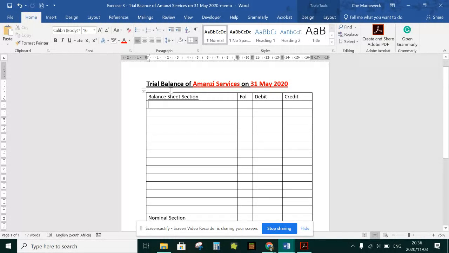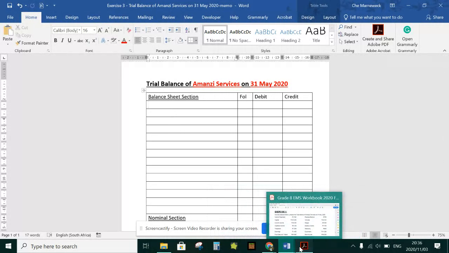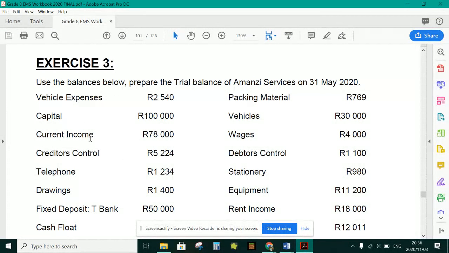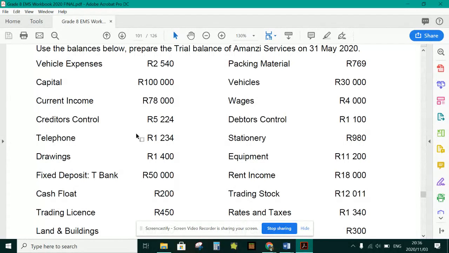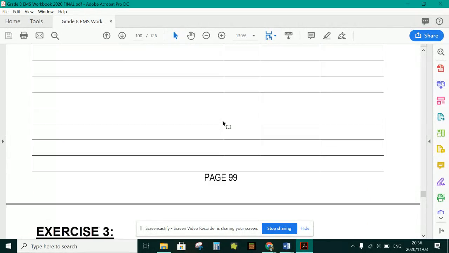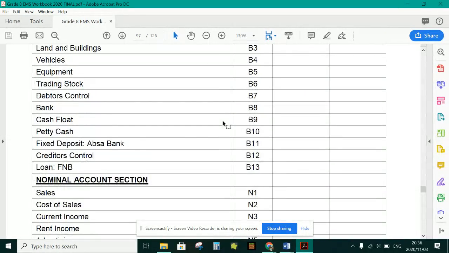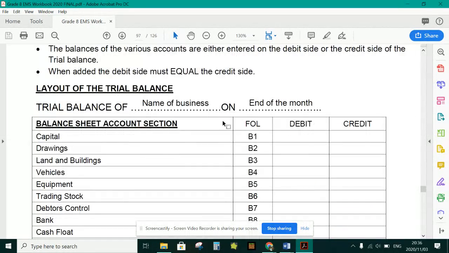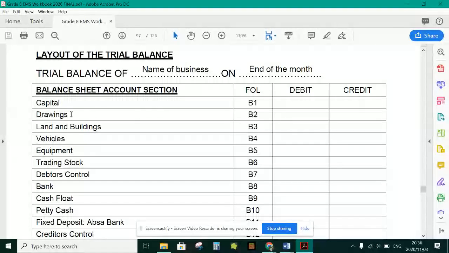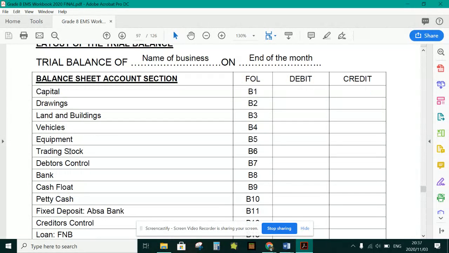We have the balance sheet section at the top, and the nominal section at the bottom. So we need to look at our accounts, decide which ones we're using, and put them in order. If we look back, here is the order in your workbook. Capital, drawings, fixed assets, so land and buildings, vehicles, equipment.